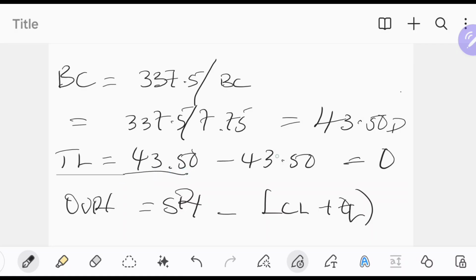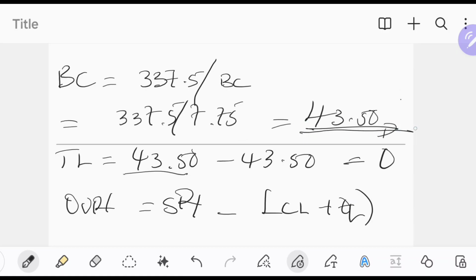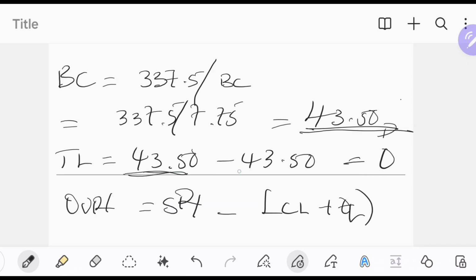Our base curve, which is 43.50, is the same as our flatter meridian. So our base curve is 43.50 and the flatter meridian is 43.50, and it gives us this 0 tear, so there won't be any tear lens power in this prescription.